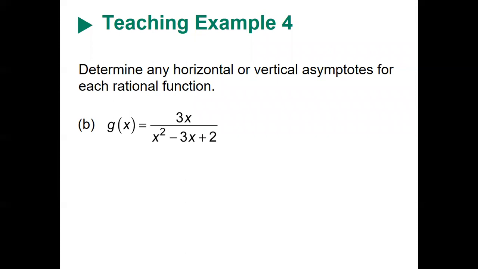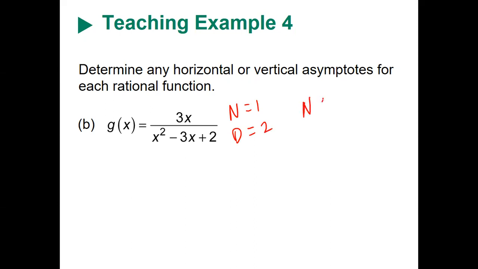So here we have that function: 3x divided by x squared minus 3x plus 2. They're both polynomials. What is the degree of the numerator? 1. What is the degree of the denominator? 2.